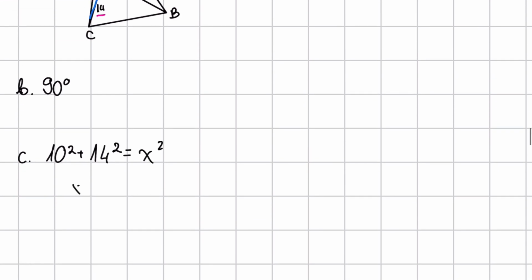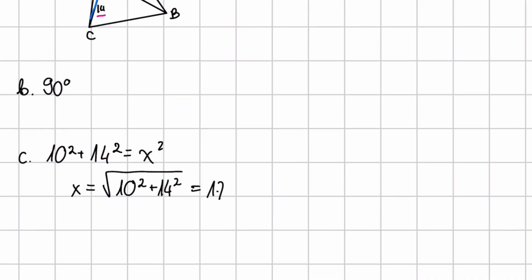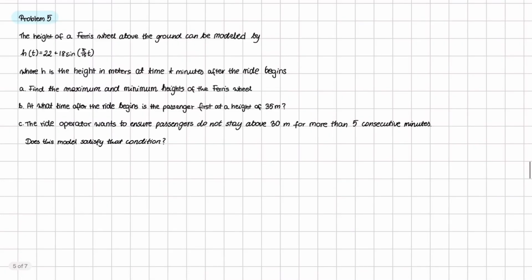So x equals the square root of 10 to the power of 2 plus 14 squared, and we can calculate it on our GDC. This is 17.2 meters.